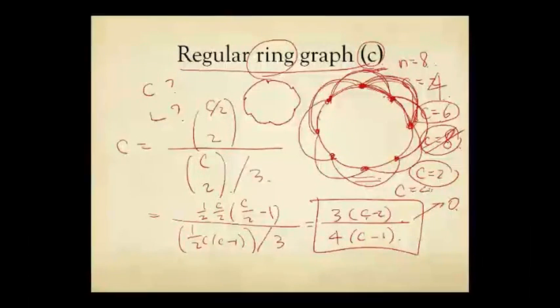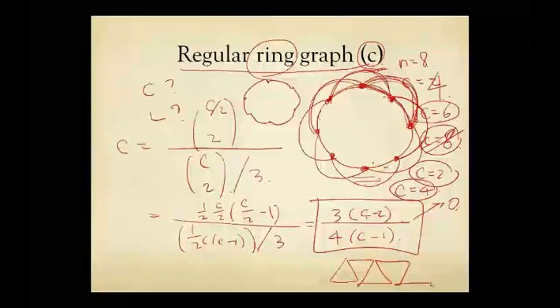What if c is 4 now? Like this graph. Actually, the way we draw this is hard to see. Intuitively, what should the clustering coefficient be? Here's another way to draw the same graph, which you can easily verify for yourself, like this. These are the nodes.